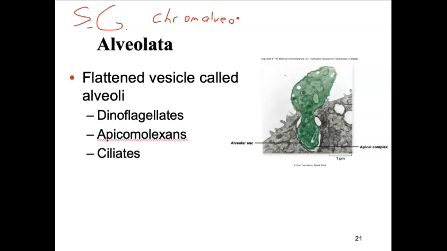I would write this out by hand, not on a mouse. So that's our supergroup, the chromoalveolates. And then within it, we have alveolata, and I said we'll get to the other subcategory in a bit. Within alveolata, we have 1, 2, and 3 subcategories.